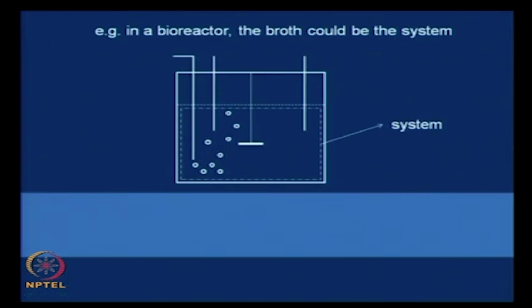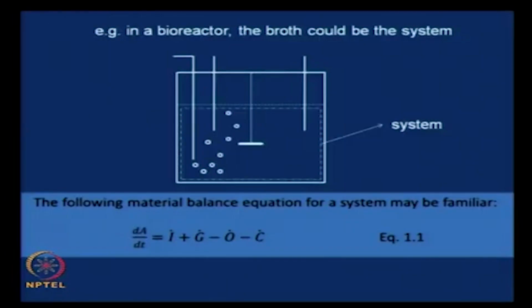One of the ways of analysis, a very powerful way, is to look at material balances. What is material balance? If you recall the course that you did, maybe process calculations, bioprocess calculations, or a first equivalent course in the biotechnology program, the material balance is the relationship between the accumulation rate and the input rate, the generation rate, the output rate and the consumption rate.